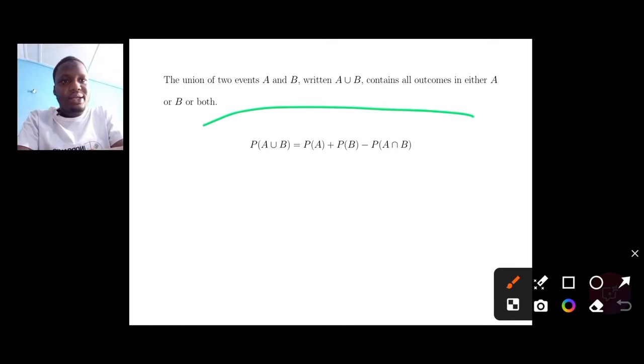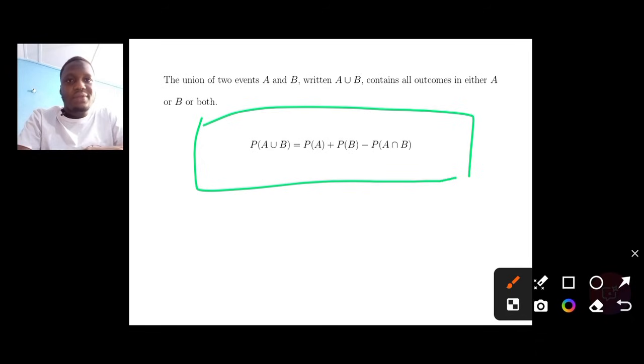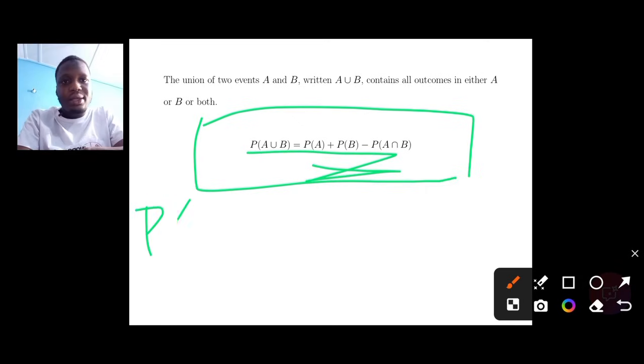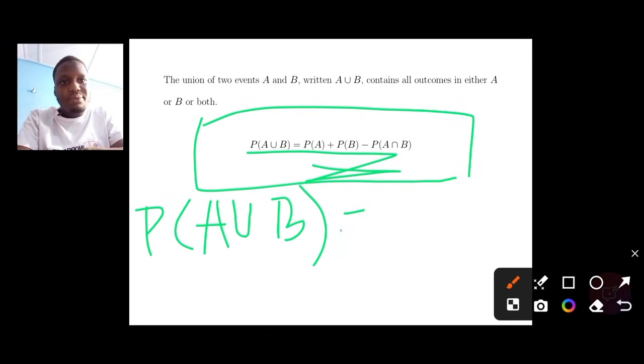Okay, good. So this is the formula you will use when asked questions under union of sets or union of events, and it is very, very important. Never forget this formula in your life once you are a probability or a statistics student. Never forget that the probability of A union B equals P(A) plus P(B) minus P(A ∩ B).